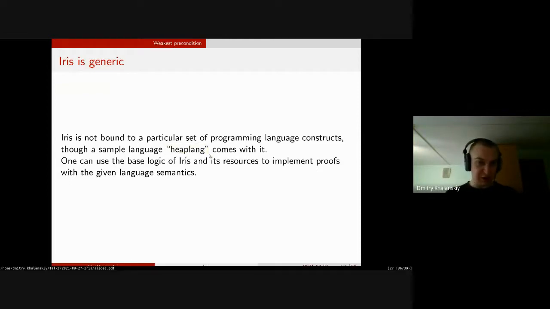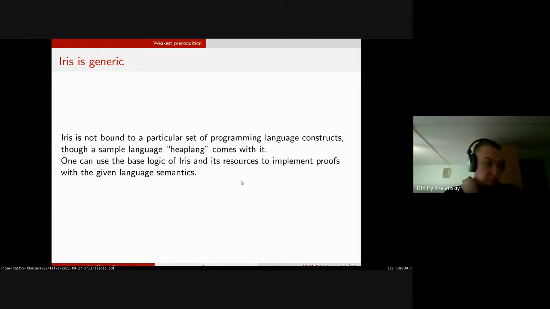But in theory, you could use Iris as is. You could take their whole calculus formalization and with a few simple, from the point of view of Iris, definitions, you could make it Iris-supported.